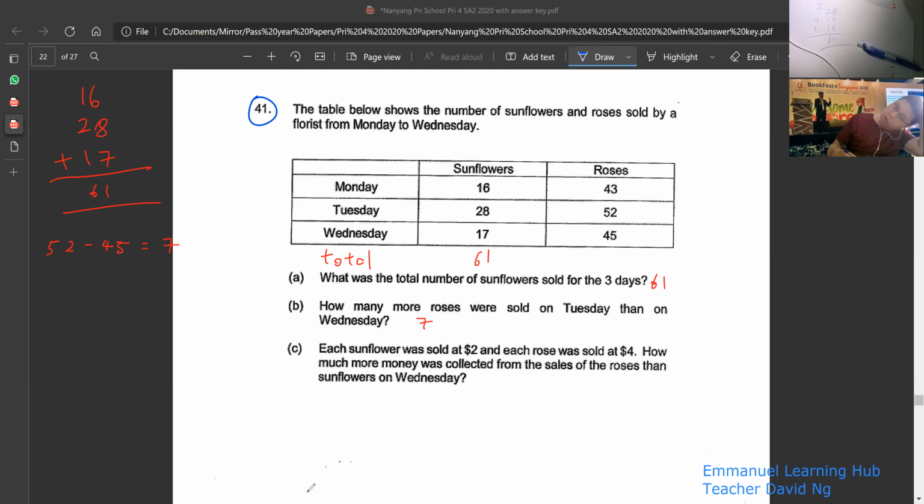Yes. So Tuesday has more, right? And they're only talking about roses, right? Nothing about sunflowers.